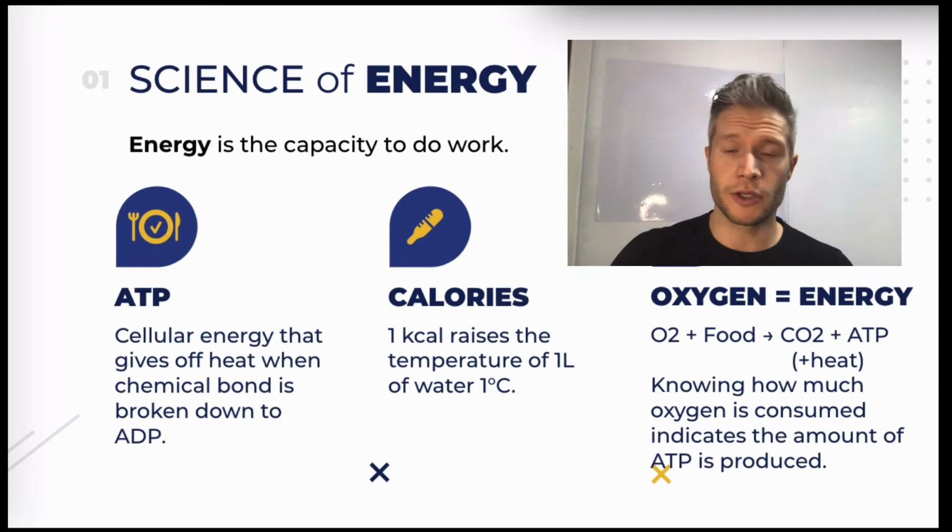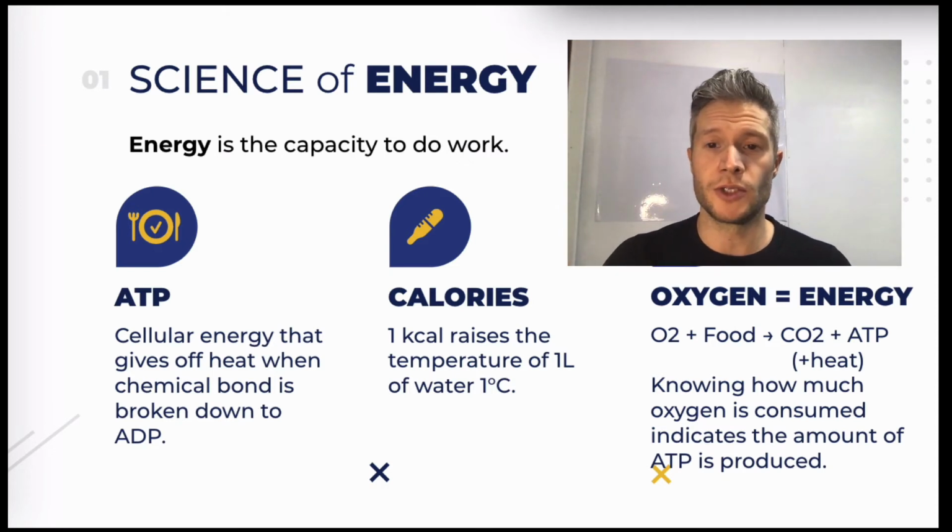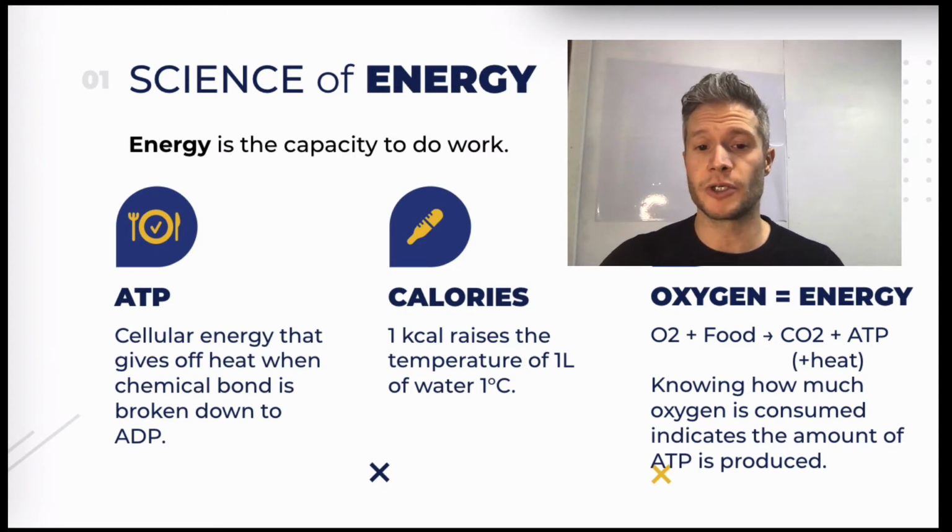So we get a pretty good correlation between the two, and we'll see how that plays out in more detail moving forward. So again, knowing how much oxygen is consumed, or predicting how much oxygen is consumed, allows us to predict how much energy has been produced.